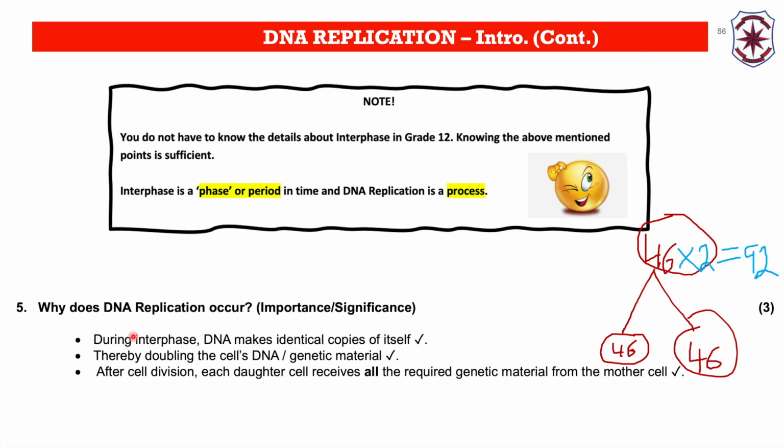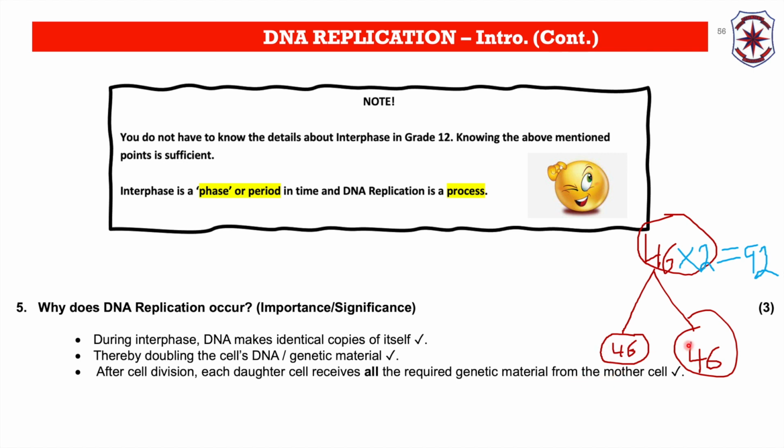To go back, during interphase, DNA makes identical copies of itself, thereby doubling the cell's DNA or genetic material. So 46 times 2 is 92. So the genetic material will be doubled. Now, after cell division, each daughter cell receives all the required genetic material from the mother cell.